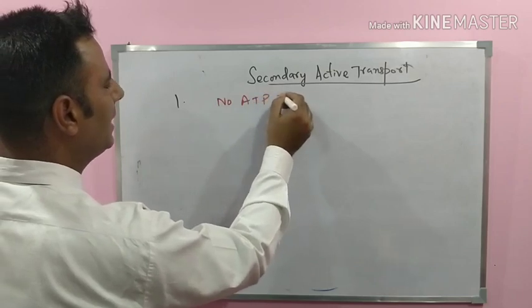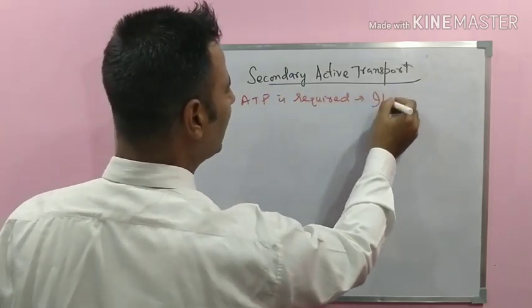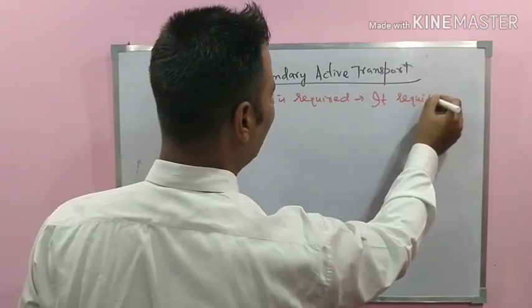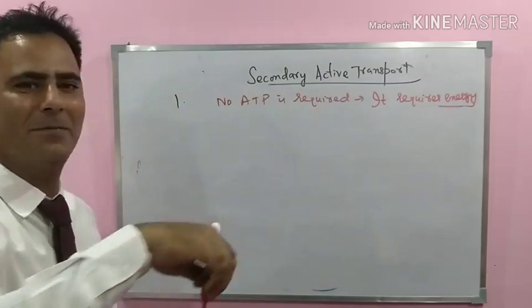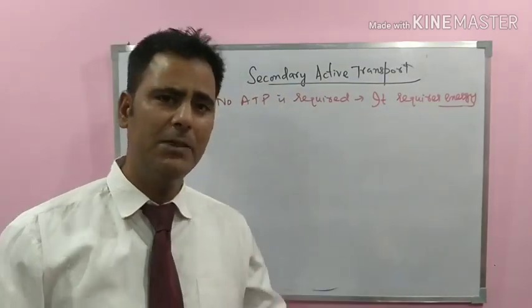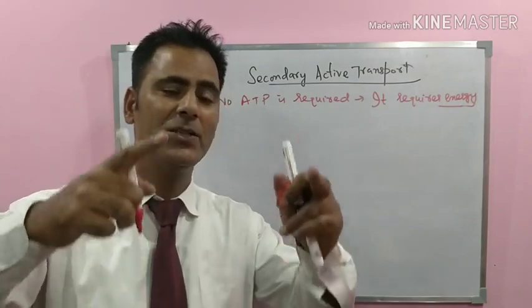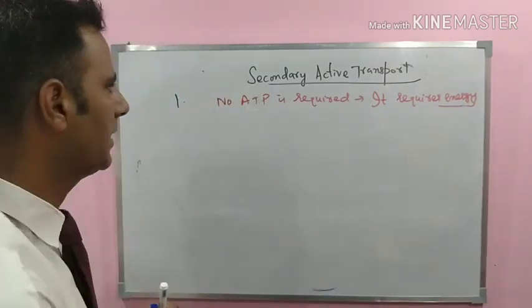No ATP is required. However, it requires energy, but this energy does not come from the ATP. One thing: energy is required here. This is active transport. Energy is mandatory. The energy is not going to get derived from this ATP. This is the first thing.